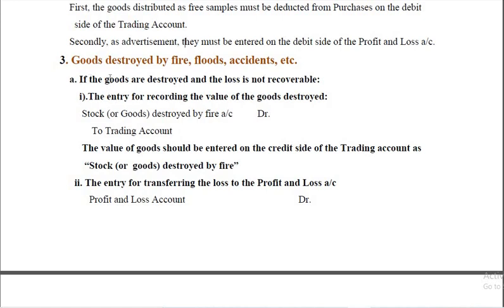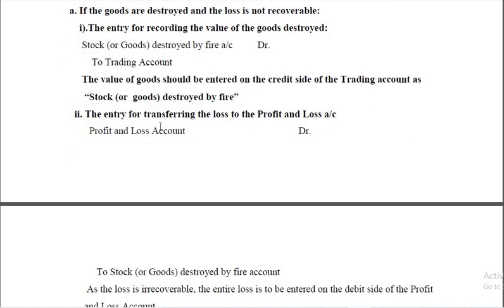Now let us take the first case, if the goods are destroyed and the loss is not recoverable. In this case, first you have to make an entry: stock or goods destroyed by fire account should be debited and trading account should be credited. So this is the first entry. So trading account is credited by taking this journal entry.